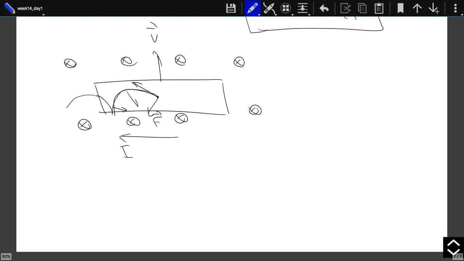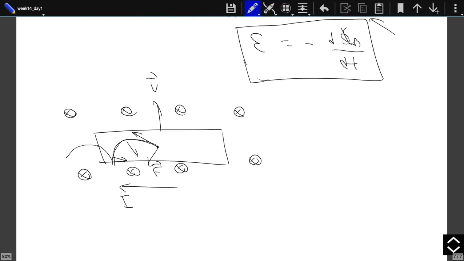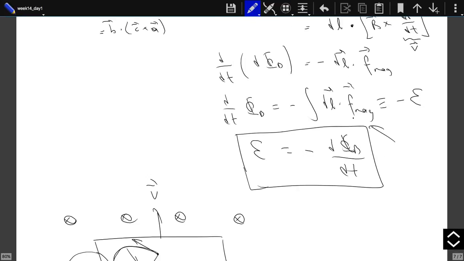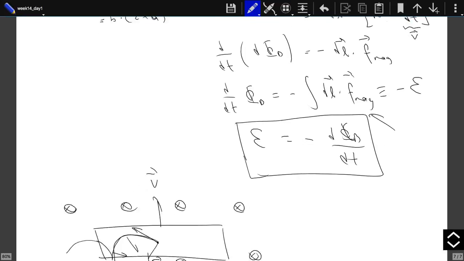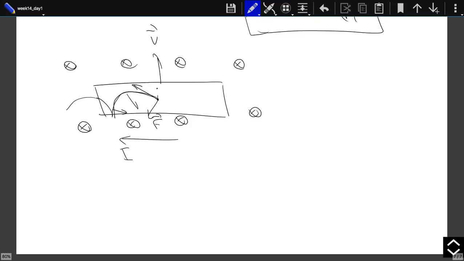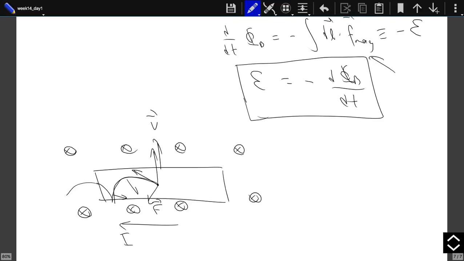Well, you see, this F, when we are evaluating the magnetic force, we are only taking the perpendicular component of the velocity. So the actual velocity of the charged particles is actually this one. But we are not using this velocity to calculate the magnetic force. We are using this component.